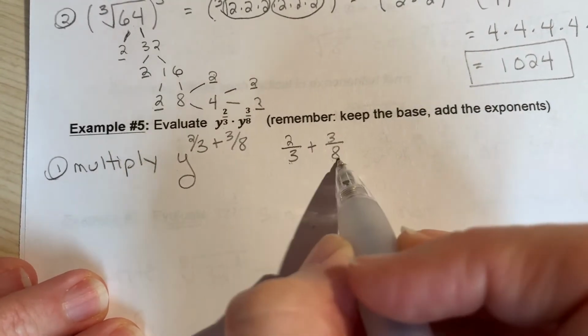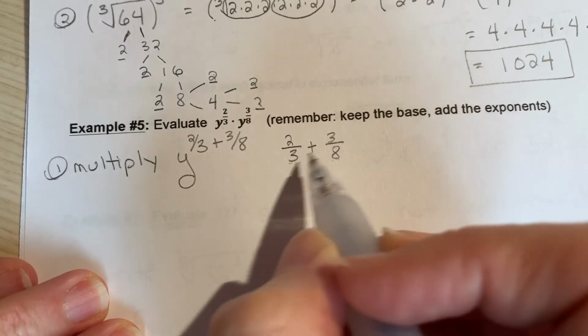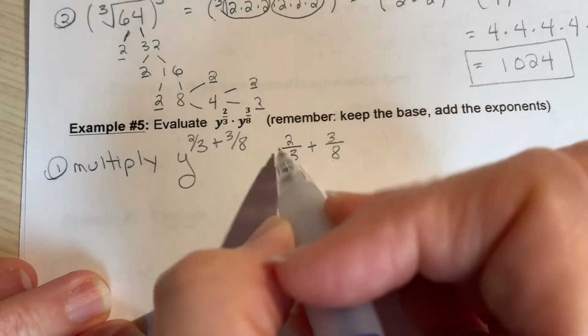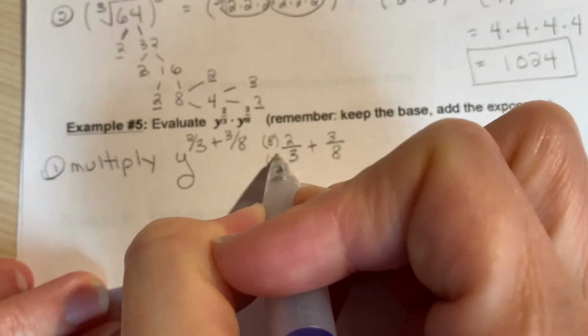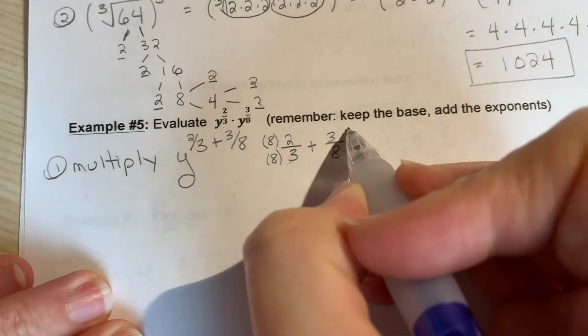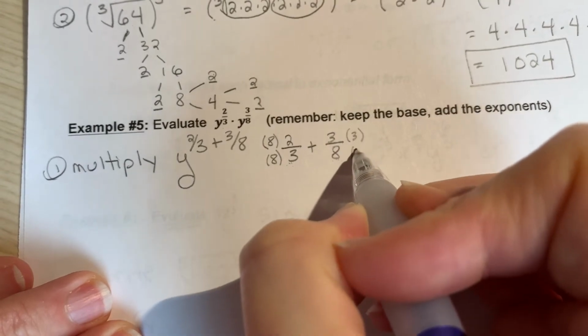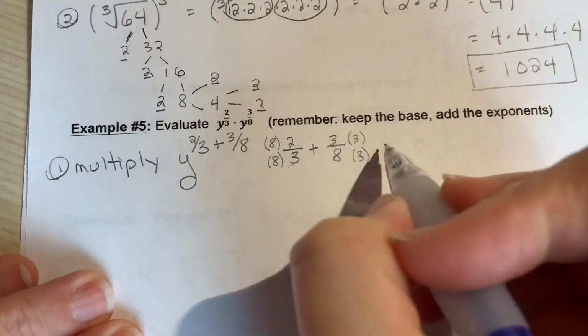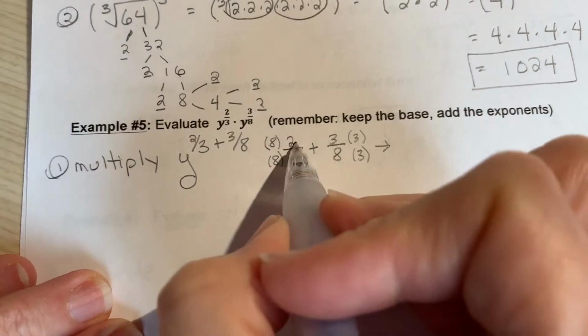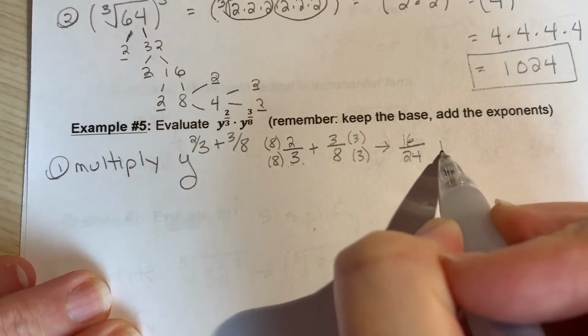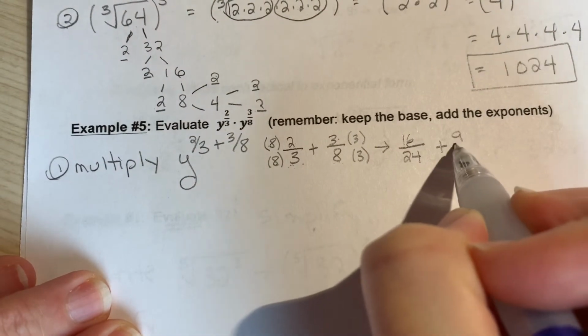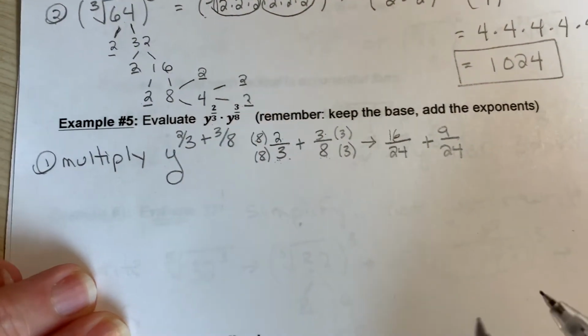Looks like here it's going to be 24, 8 times 3. So to get a 24 here, I have to multiply the top and bottom of this fraction by 8 and multiply the top and bottom of this fraction by 3. So this becomes 16 over 24 plus 9 over 24.